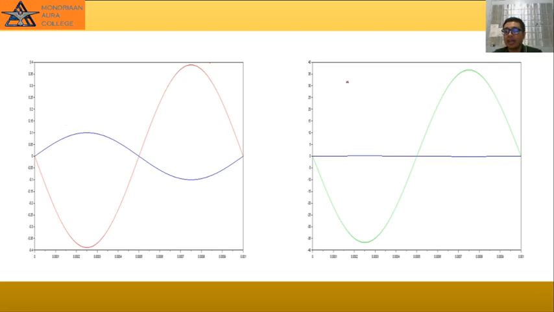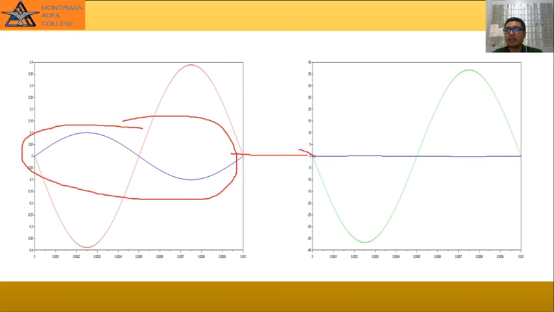Ito naman on the right side, this is the input, yung blue, almost parang straight line dahil sa sobrang liit nung input natin and sa sobrang laki ng output natin. But in reality, etong kulay blue na to, ganito rin naman yung itsura niya. Sobrang liit na lang siya dahil yung output natin ay sobrang laki na. So, this is still out of phase by 180 degrees, na itong green sine wave na to, and amplified na sobrang taas.